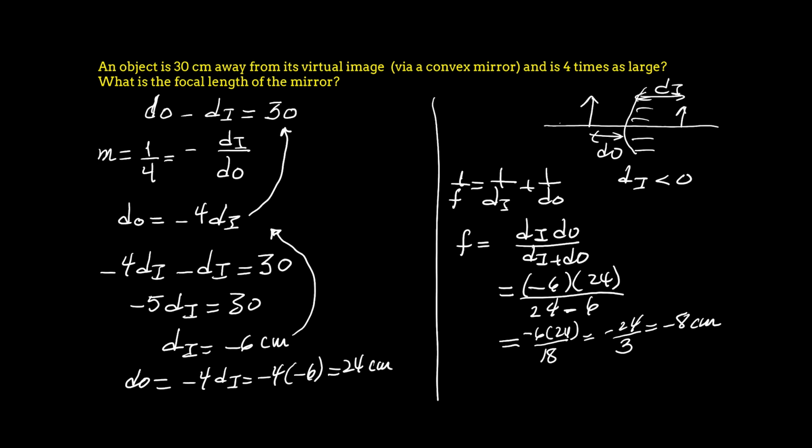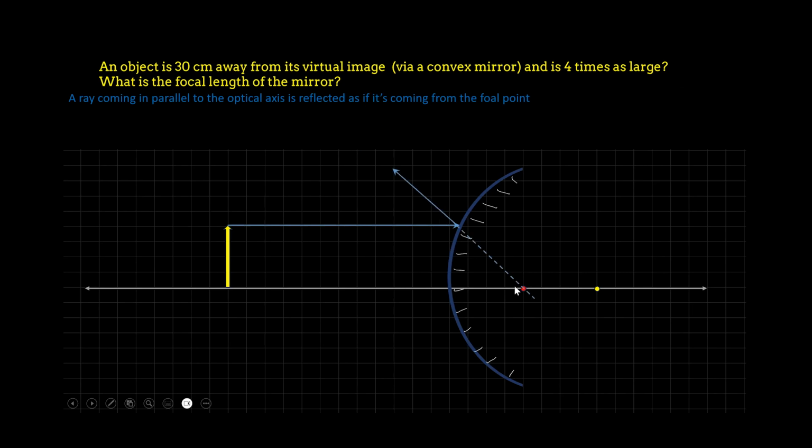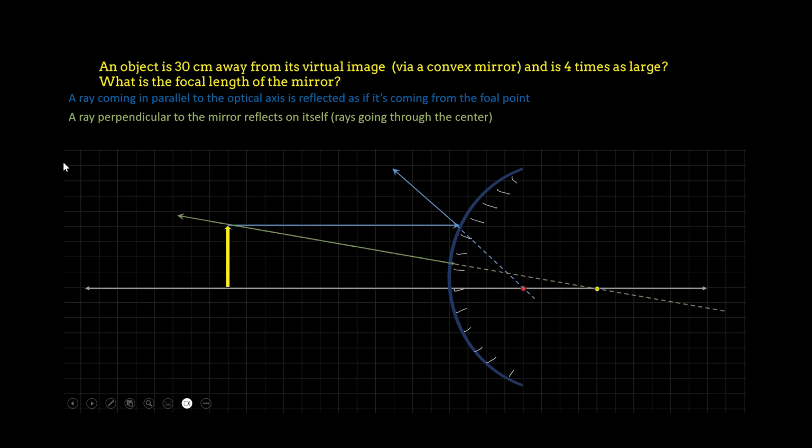So let's go ahead and test it out. Starting with an object at 24, focal length at 8. So each unit is 2. 1, 2, 3, 4. Here's the focal point. And this is 12 units to put me at 24 centimeters. Parallel ray bounces off as if it came from the focal point. Perpendicular, meaning going through the center, interrupted, bounces back.